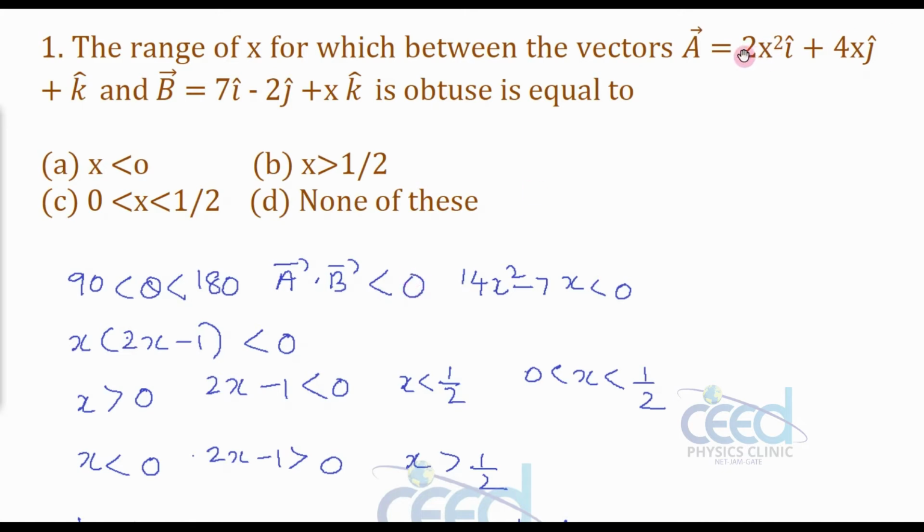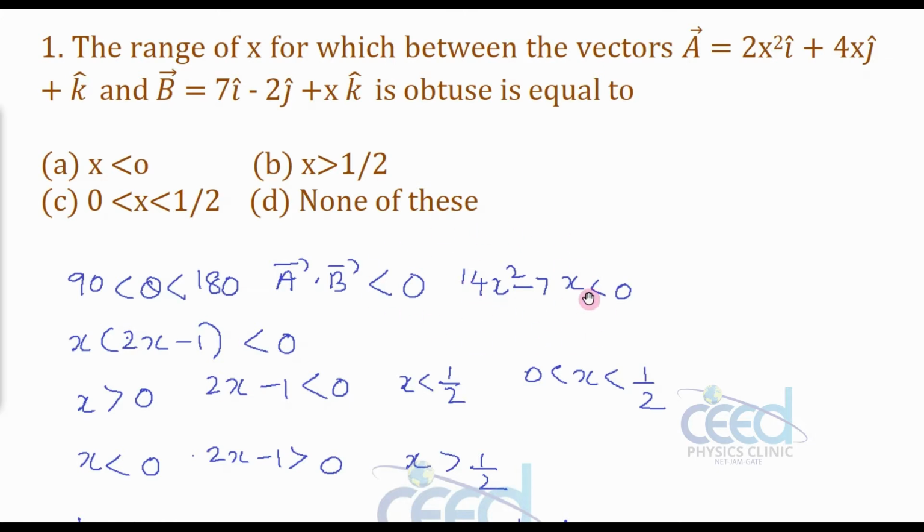But a dot b you can calculate directly: that is 2x² into 7, that is 14x², and 4x into 2, that is minus 8x, plus x, that is minus 7x.